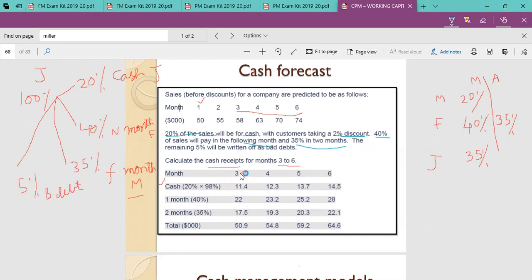First month, that's the third month, 20% here, 40% here, 35% here.